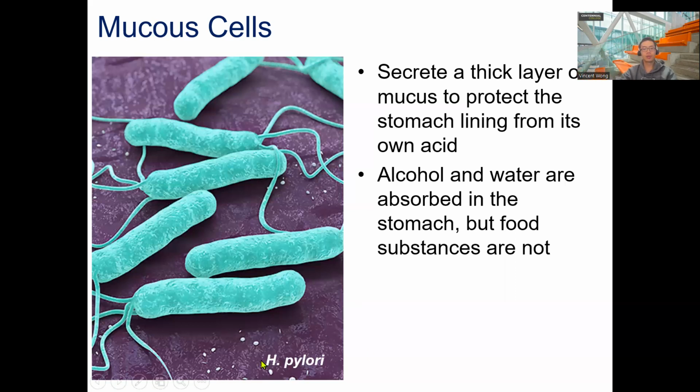Okay, so there is a test that people can do. It's like a breath test. They analyze your breath to see. I think it's ammonia that they're detecting, because that's one of the byproducts of their metabolism. And if it confirms that you have the pylori, then you have to be put on antibiotics for almost a month, I think, to get rid of the pylori.